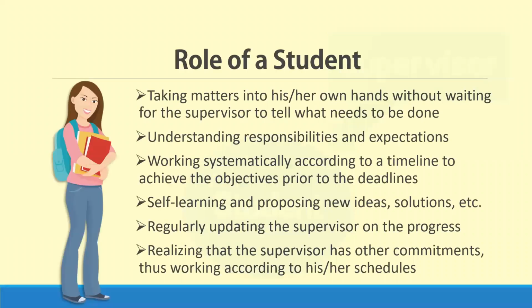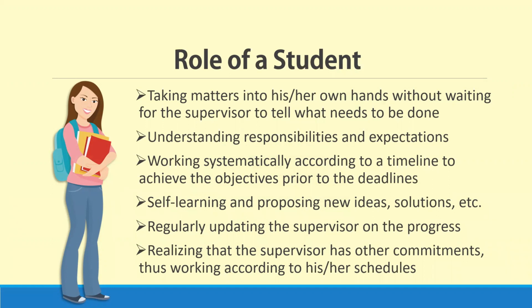So let's see what sort of role a student should be playing. As a bachelor's student doing research, the very first expectation is that the student should take matters into his or her own hands without waiting for the supervisor to tell what needs to be done.